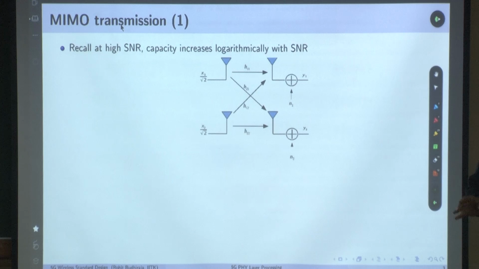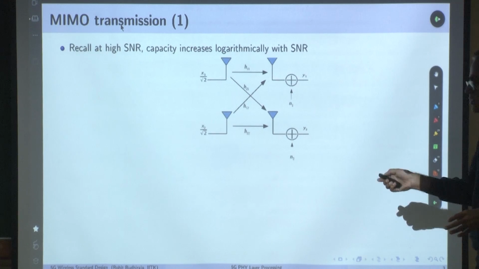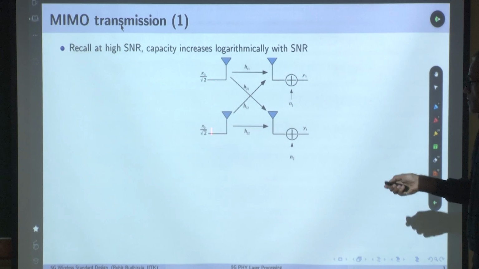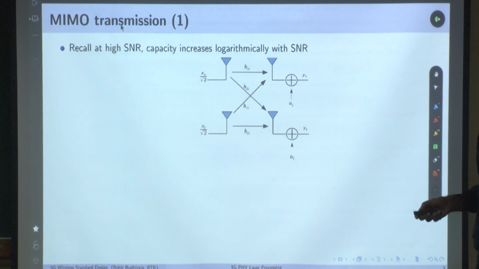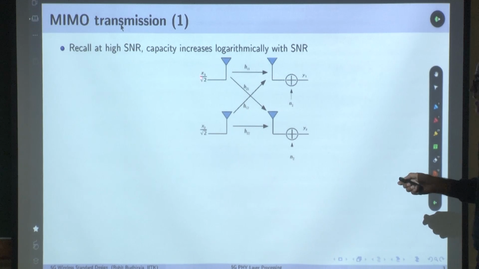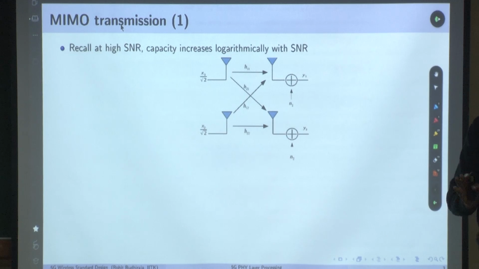And if you remember our PDSCH 5G framework, what it essentially means is you are doing this exercise on the same resource element. I am not transmitting x1 on the first resource element and x2 on a second resource element. I am transmitting x1 and x2 on the same resource element.